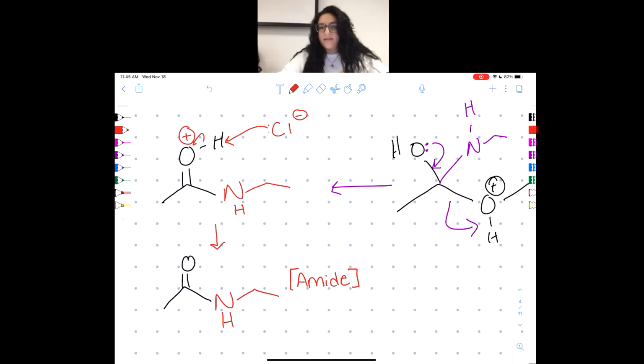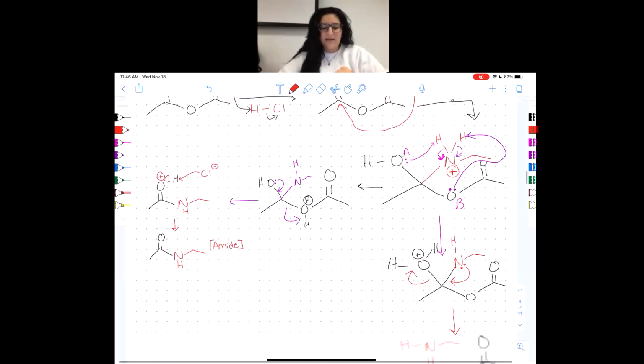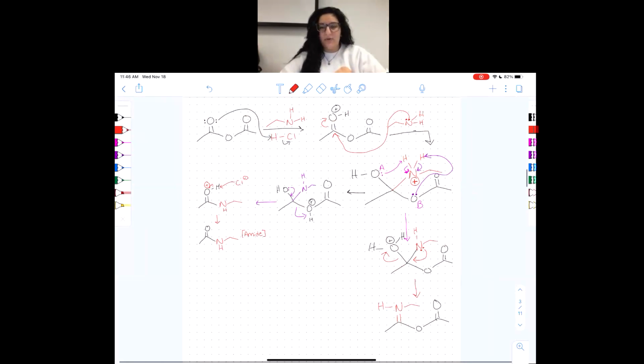And then someone asked a question. In the textbook, for some of the reactions, they said that instead of intramolecular proton transfer, another mole of amine would deprotonate the N+. Does this work too? Absolutely. So I believe I've said this at least once before, but these reactions often have multiple ways that you could write them. So there's always a million things going on in a solution.